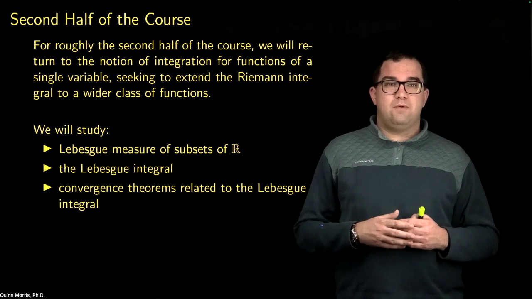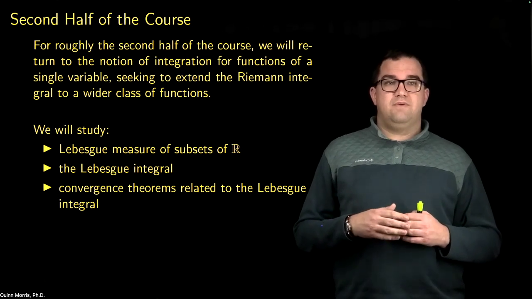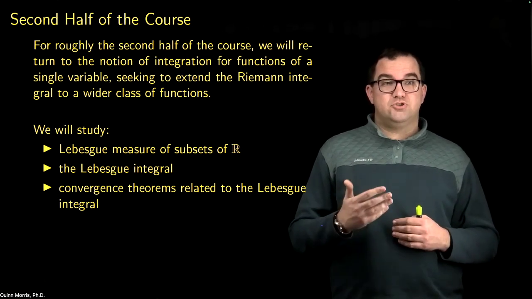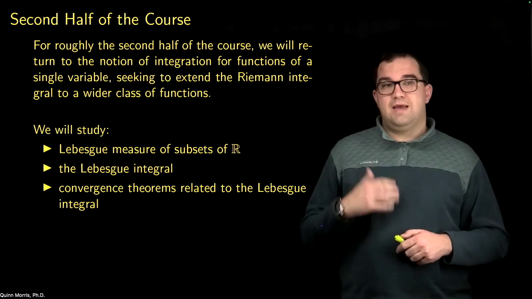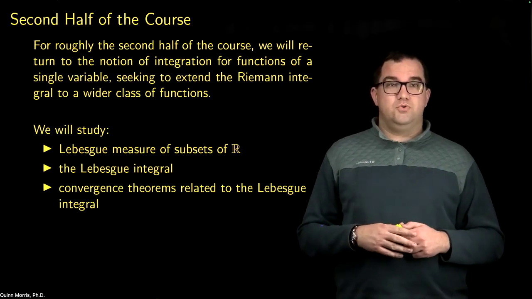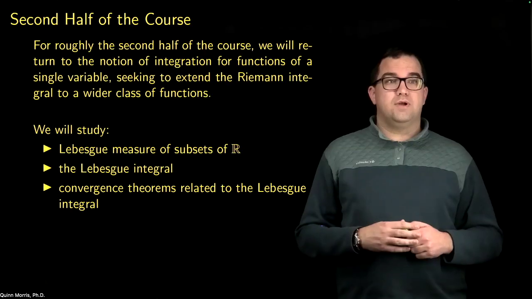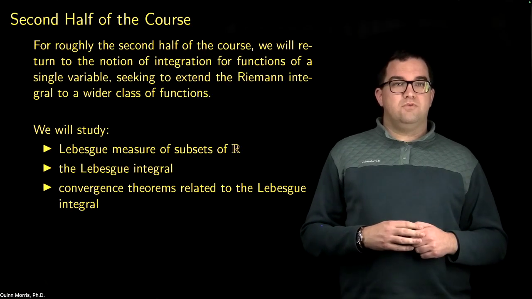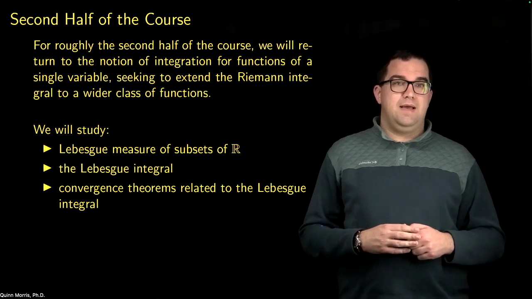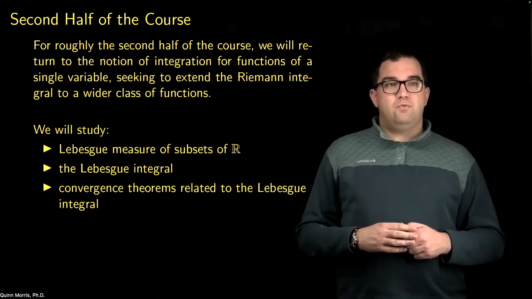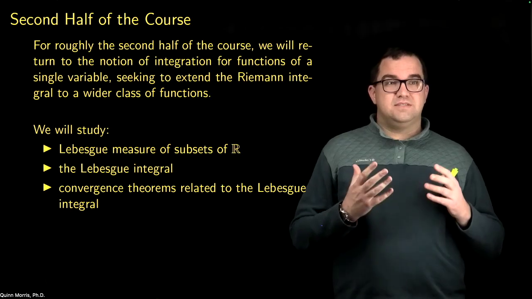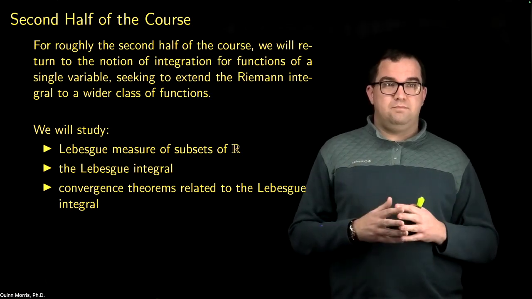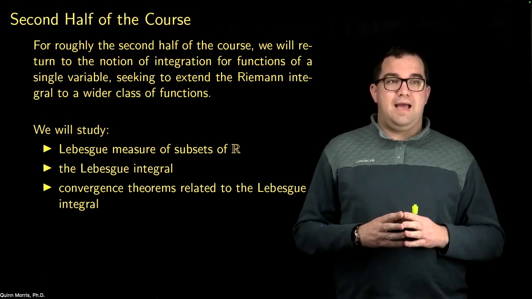And in order to do that, we'll first need to develop the notion of the Lebesgue measure for subsets of R. Once we have that, we'll then be able to develop this new Lebesgue integral, look at properties of that integral, and finally tie everything up with some convergence theorems related to the Lebesgue integral. So that will be our plan for the semester. Again, that'll split pretty evenly in half.